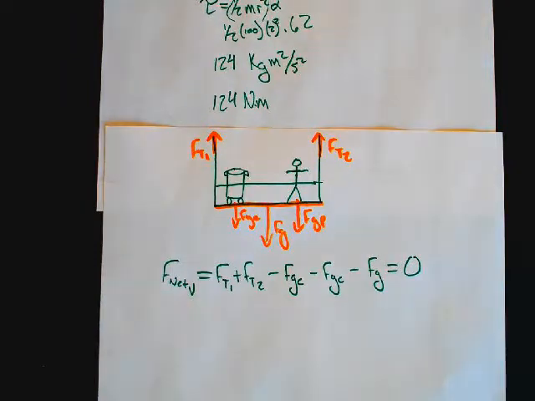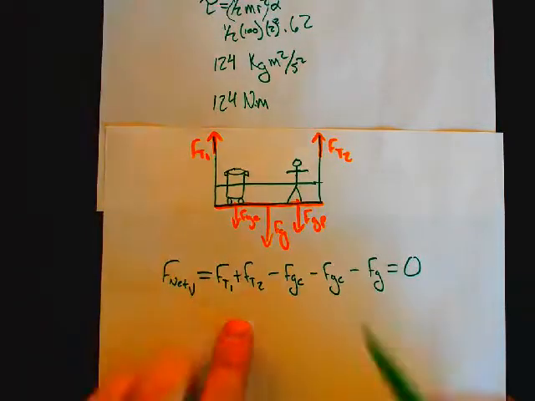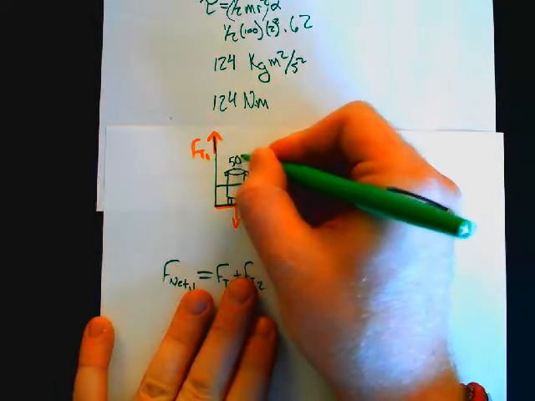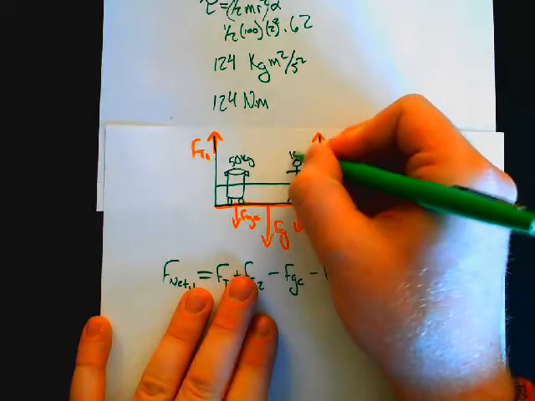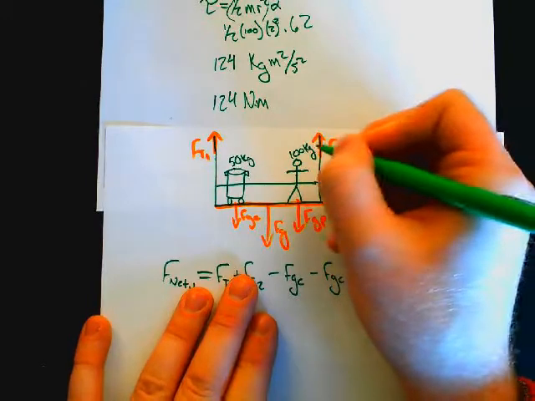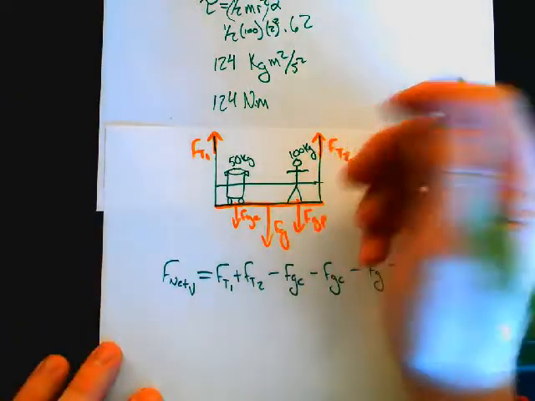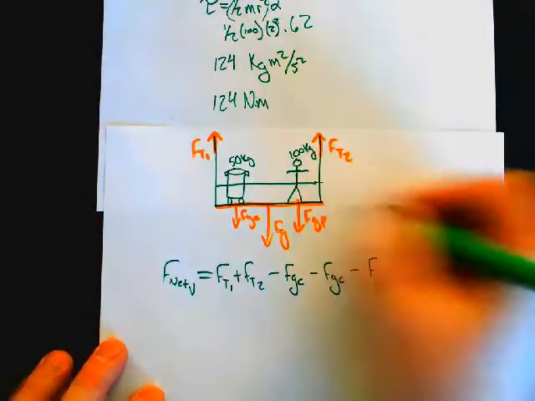Now, solving this with forces, we encounter a problem. Looking at the scenario here, let's say I give you the masses of each of these objects. Let's say this is 50 kilograms, the person's 100 kilograms. Really? It's about my mass.